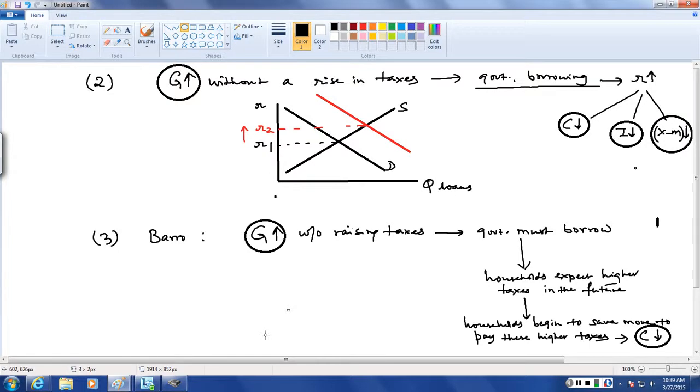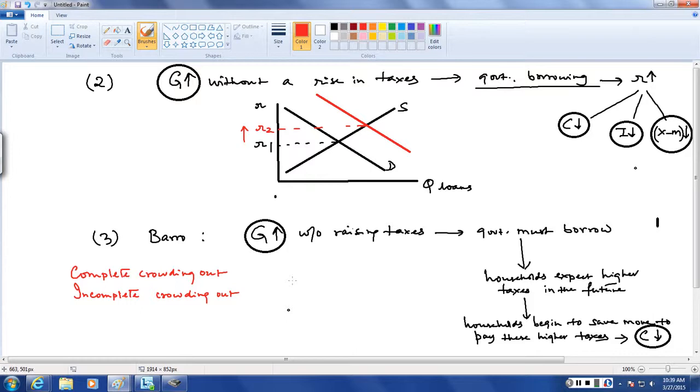So the point here is we now have an understanding of crowding out, correct? I'm going to introduce now another term to you, well, two terms. One of them is called complete crowding out, and the other one is called incomplete crowding out.